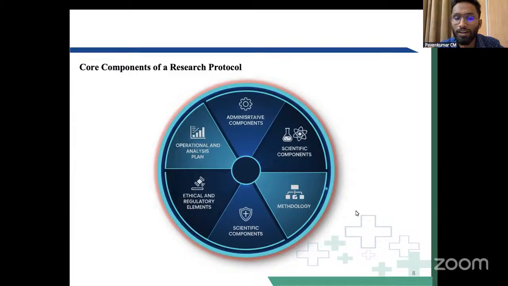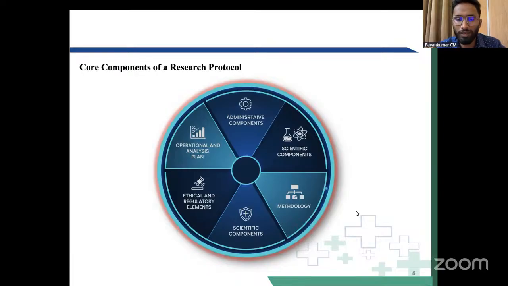And the scientific components give the justification why the study is needed and what it aims to achieve. Simply doing research without a purpose is, as we said, just a waste of time. So it should have a clear aim, and what we are going to achieve should be mentioned in the protocol.